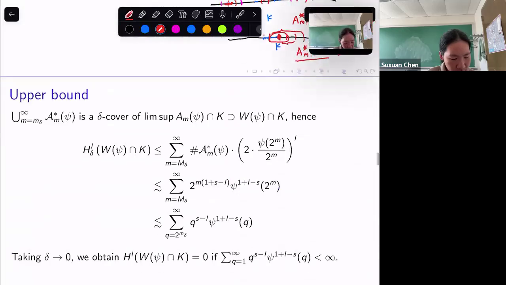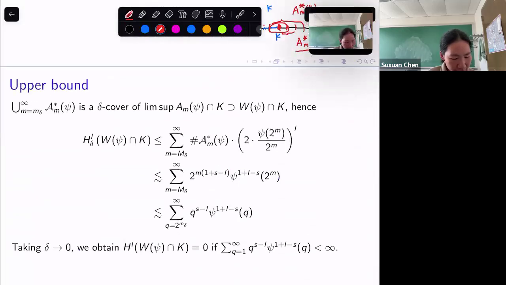And with this information, the union of A_m^ψ is a delta cover of the lim sup set of A_m^ψ intersect with K. And since this lim sup A_m^ψ contains W_ψ, the intersection contains W_ψ intersect with K. And we can use this to compute the L-dimensional Hausdorff pre-measure of W_ψ intersect with K with the parameter delta.